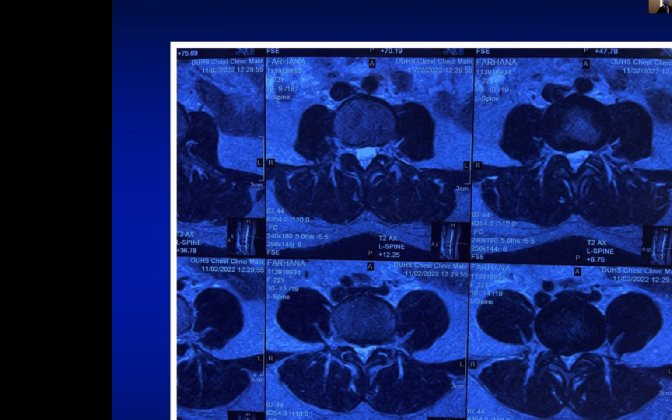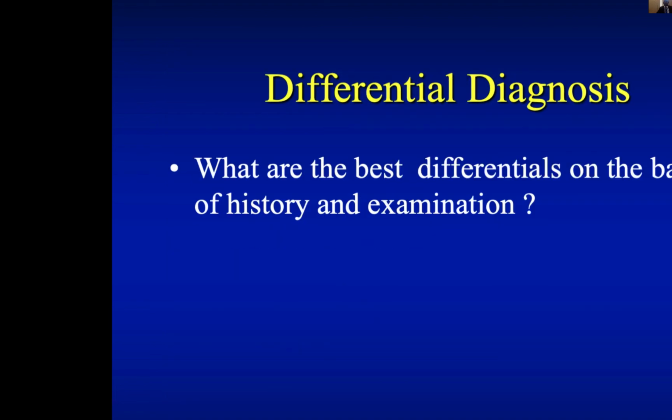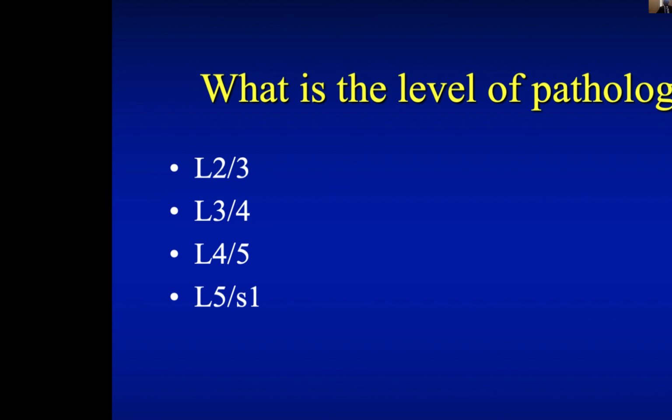So if the disc is very tough and solid, I will not touch the disc. I will just decompress the lateral recess and leave it like that. Our goal is nerve root decompression, not discectomy.